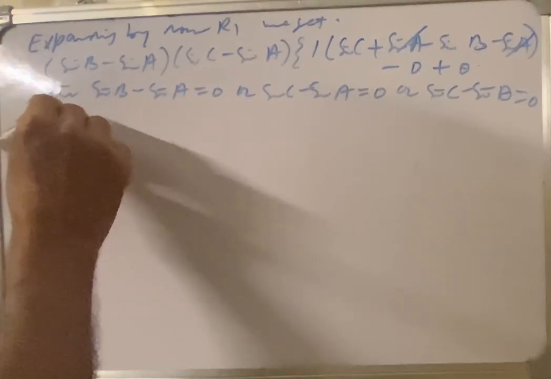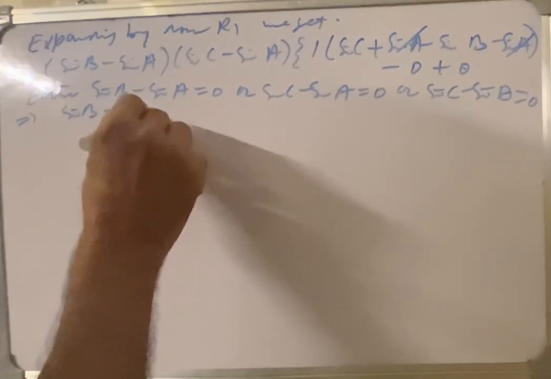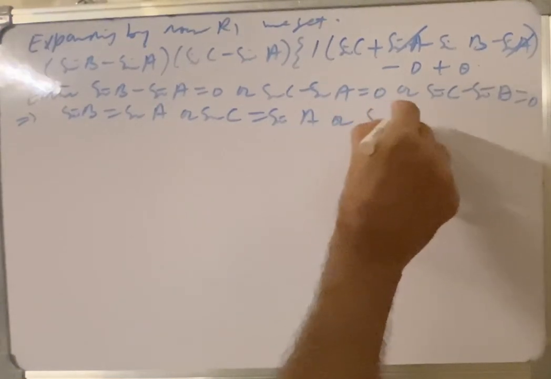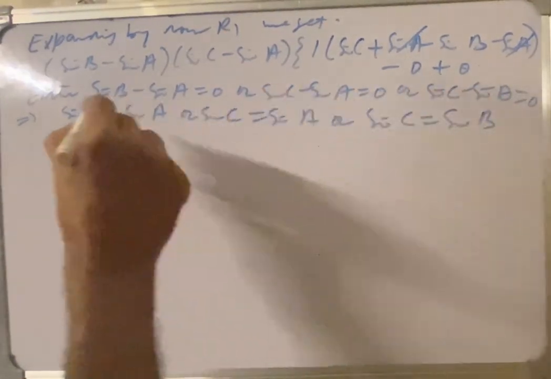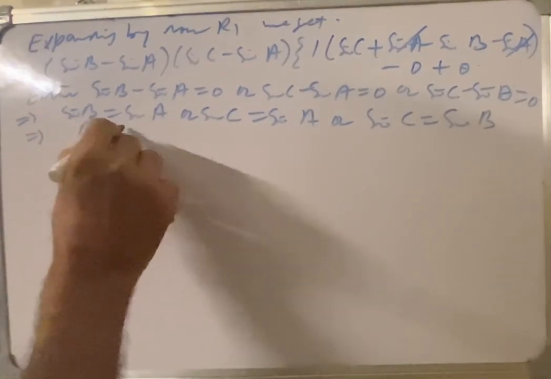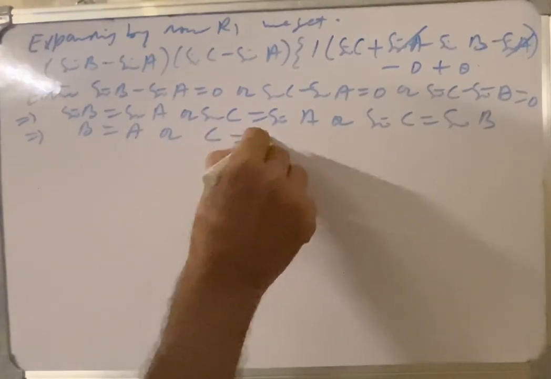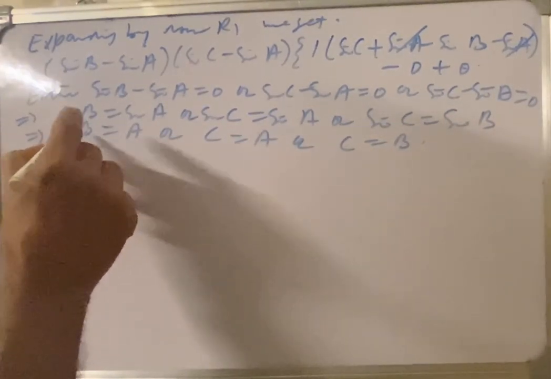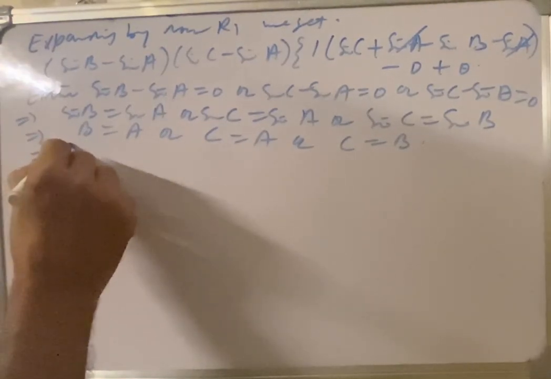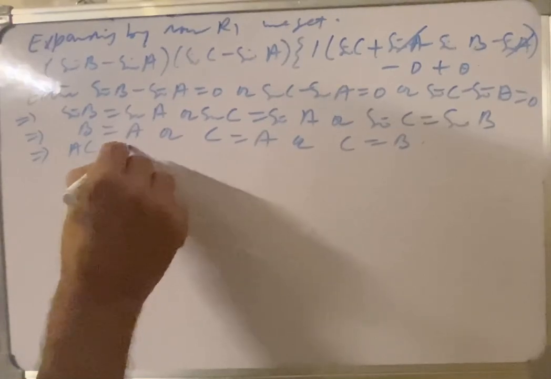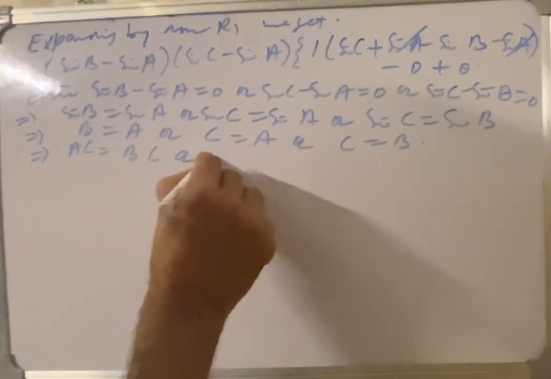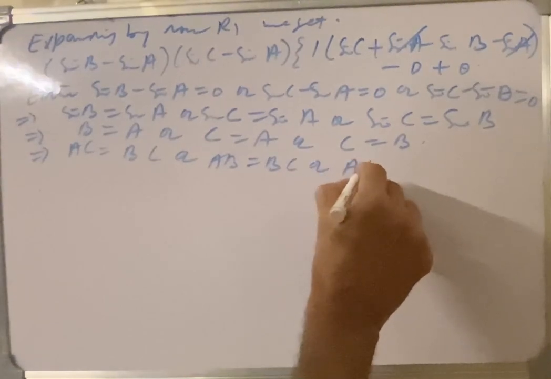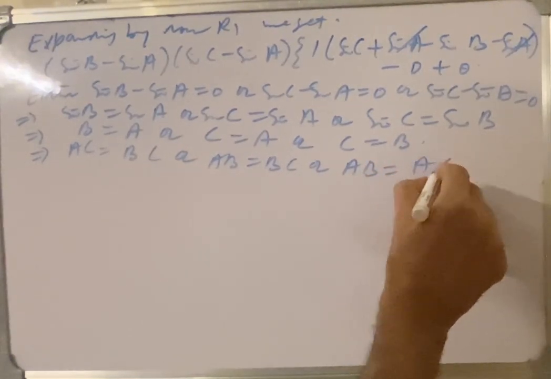This implies sin B is equal to sin A or sin C is equal to sin A or sin C is equal to sin B. This implies angle B is equal to angle A or angle C is equal to angle A or angle C is equal to angle B, which will give you side AC is equal to side BC or side AB is equal to side BC or side AB is equal to side AC.